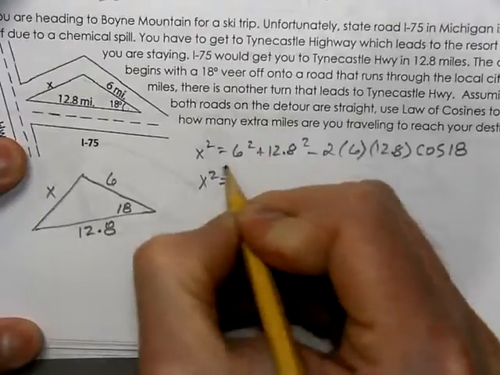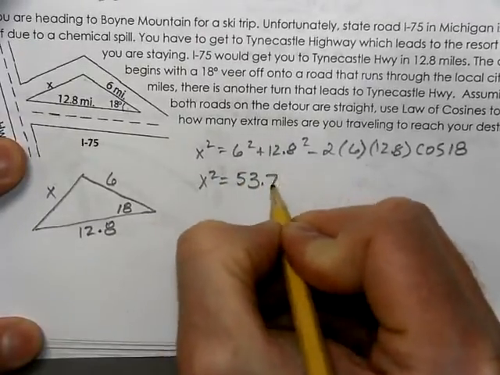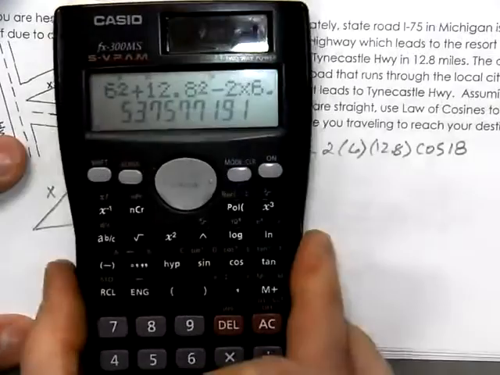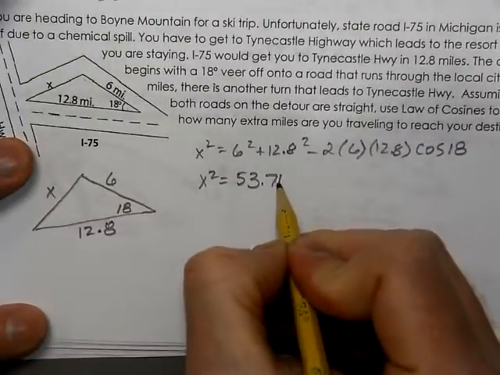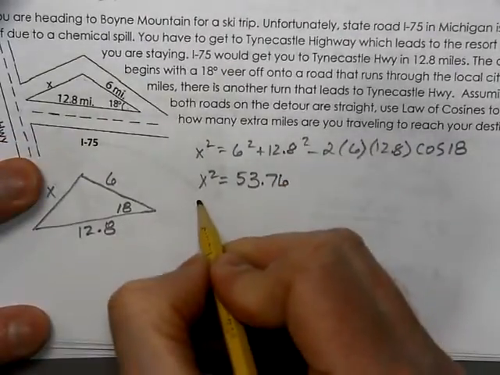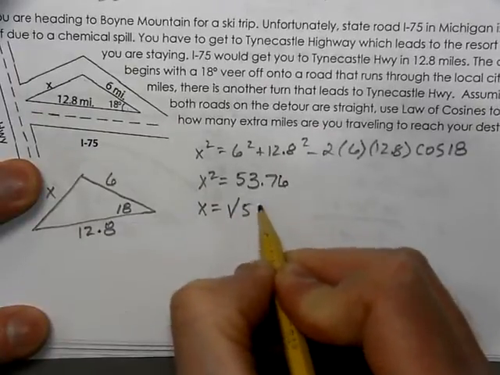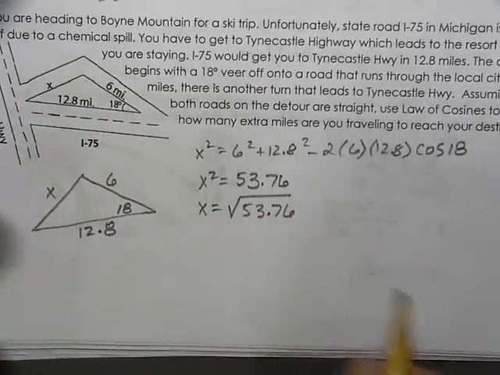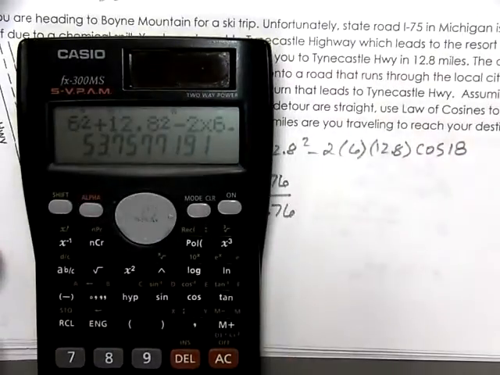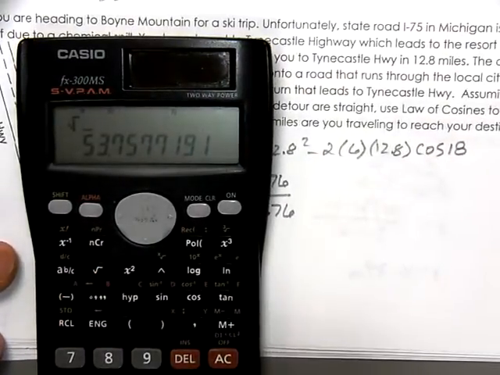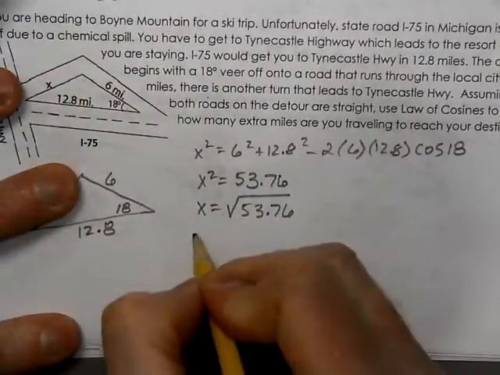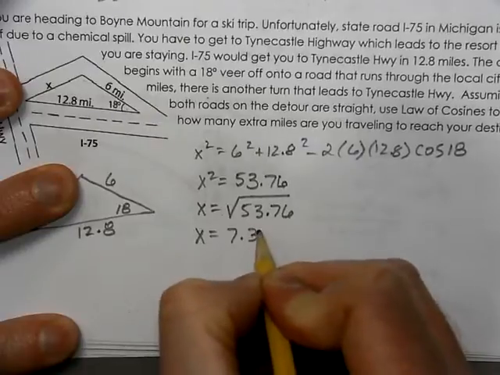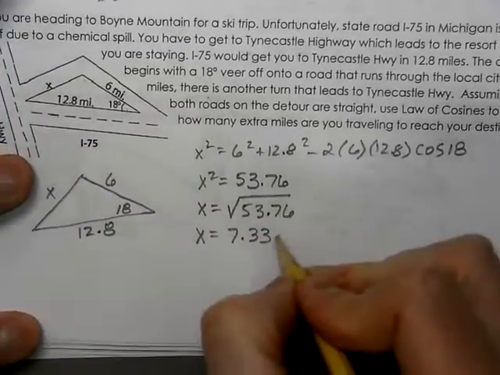So x squared equals 53.75, and that looked like we could round that, so let's call that 53.76. So to figure out what x actually is, we're going to take the square root of our 53.76. Again, we're not going to type in that number. We're going to say the square root of the answer, so we're being very accurate in our calculation. We come up with 7.33. Okay, and those are miles.